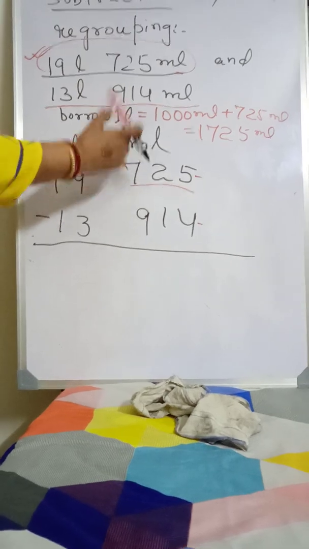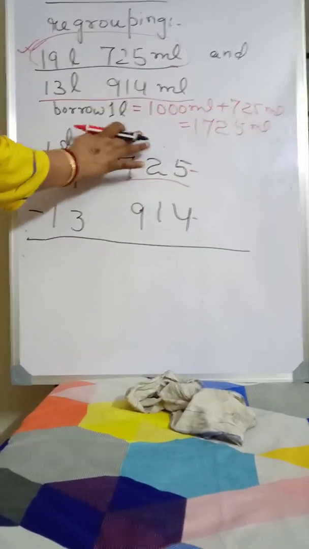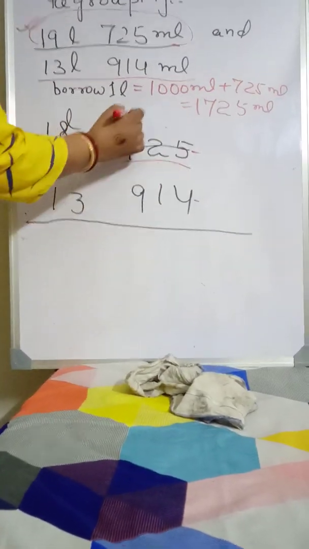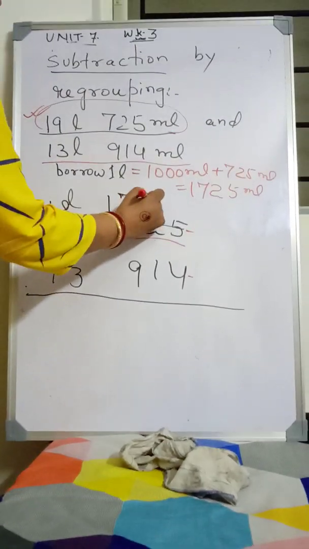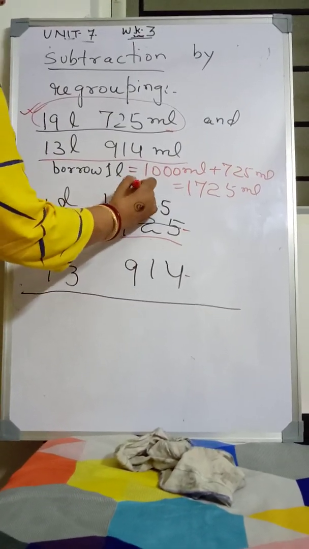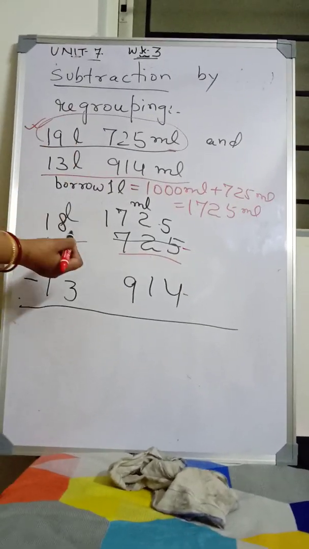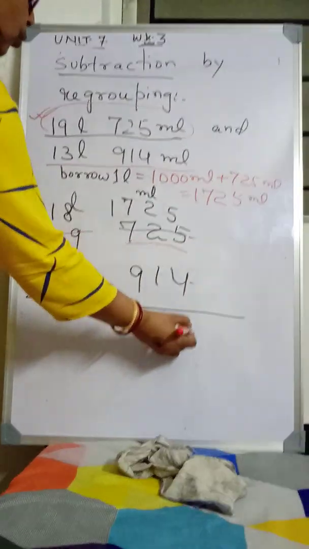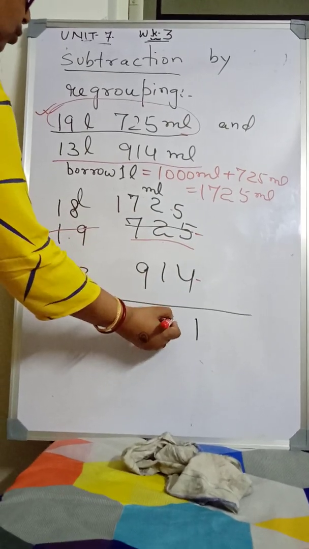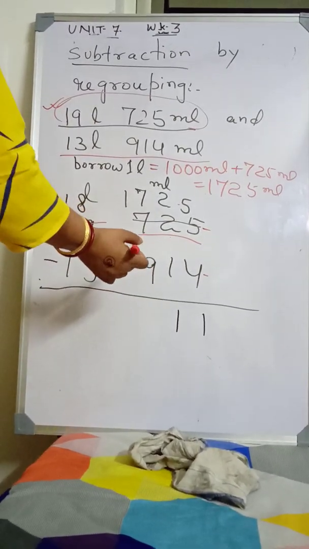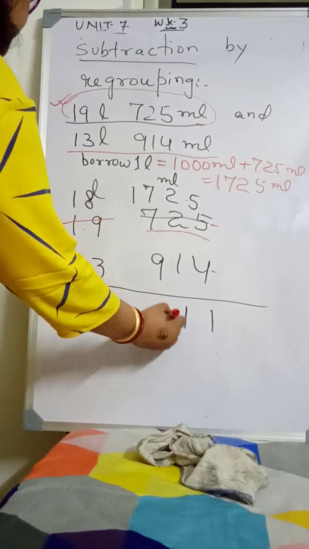So this 725 will change and it will become 1725 in the milliliter section. Now we will do the subtraction. It is easy to subtract. 5 minus 4, 1. 2 minus 1, 1. And 17 minus 9, it is 8.